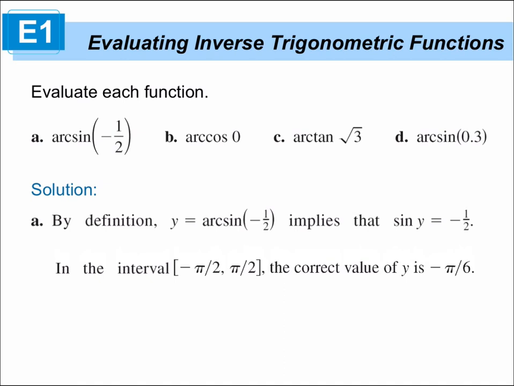Maybe 1/2. 1/2, good. So the sine of pi over 6 is 1/2. So now we're doing an arc sine, which means we want to know what's the arc sine of 1/2 to get back to the pi over 6. So we're going backwards.